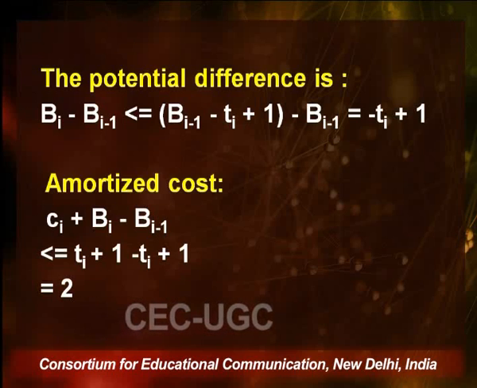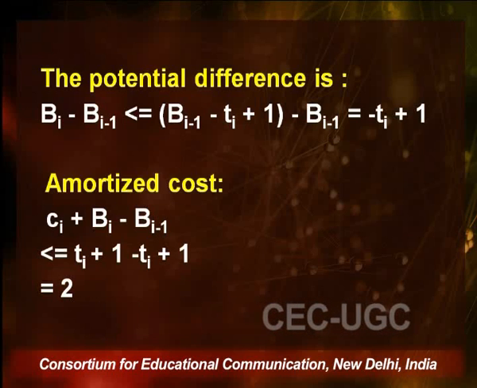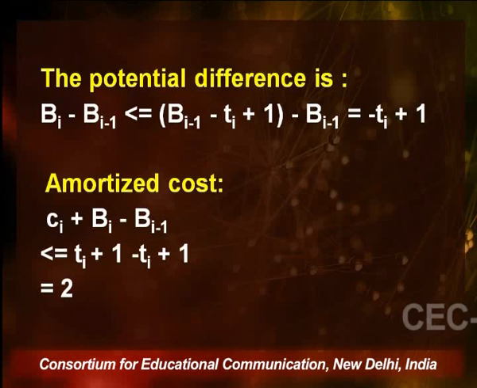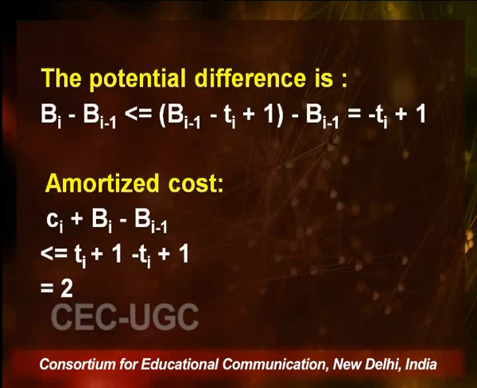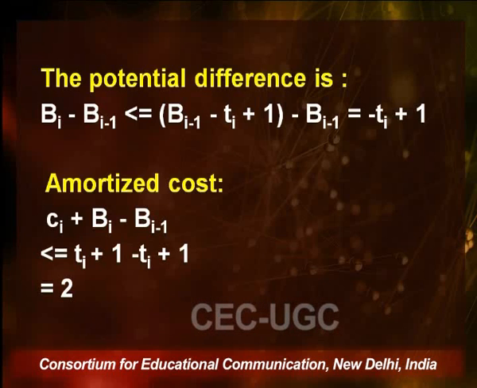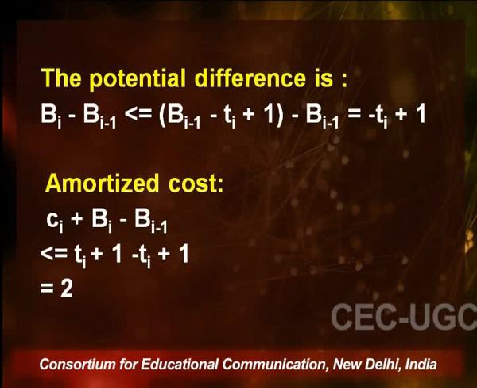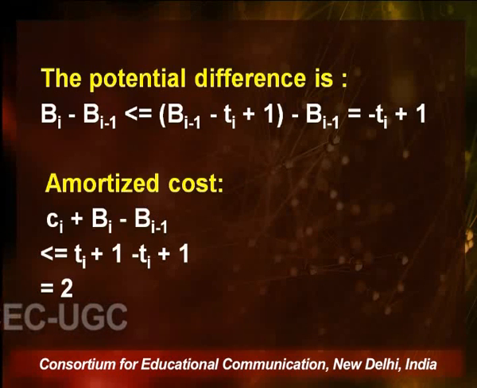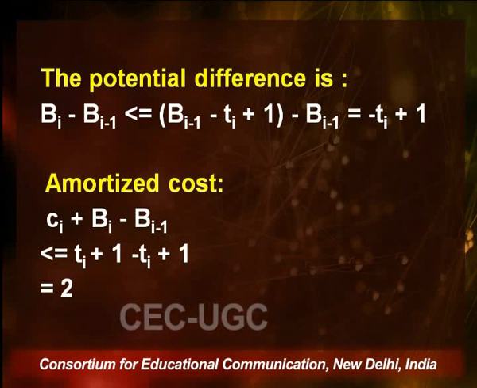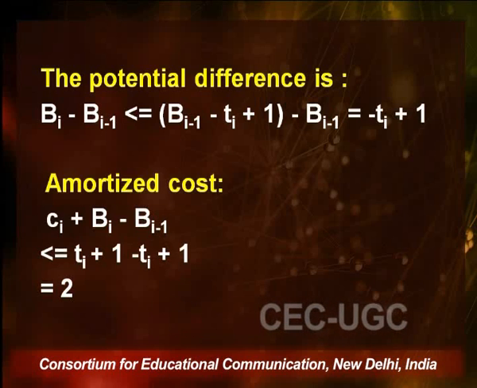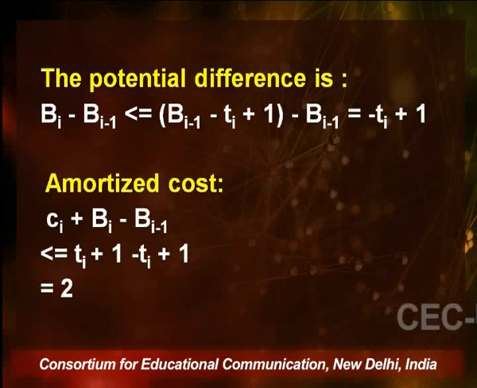How are we going to find this difference in potential? It is very simple. The difference in potential here is b_i minus b_{i-1}, where b_i is the potential after the ith operation, and b_{i-1} is the potential before the ith operation.